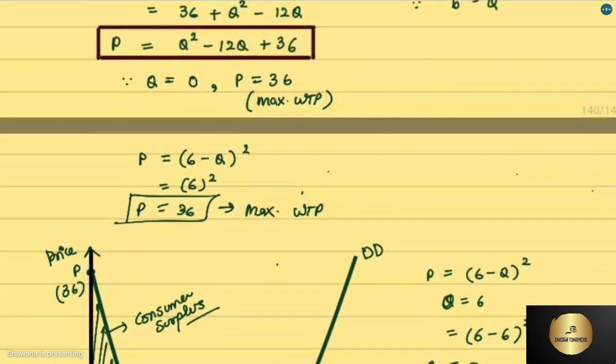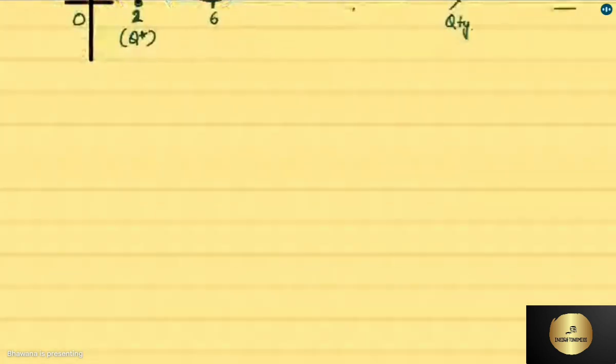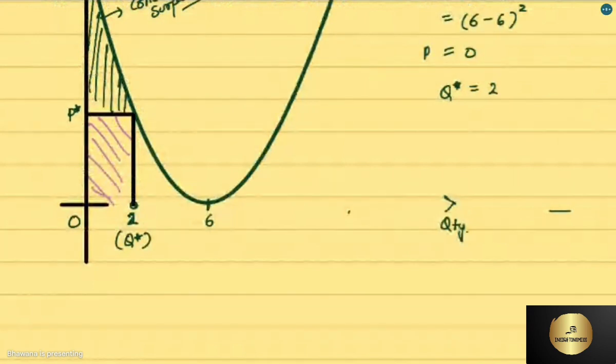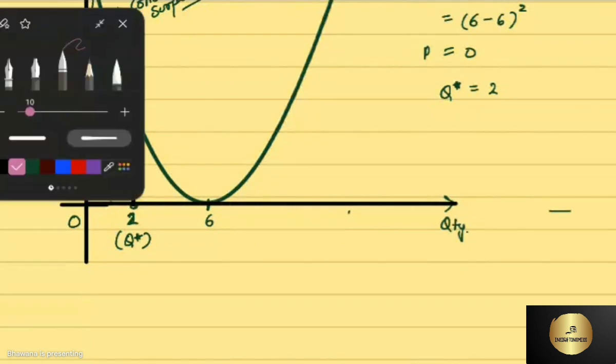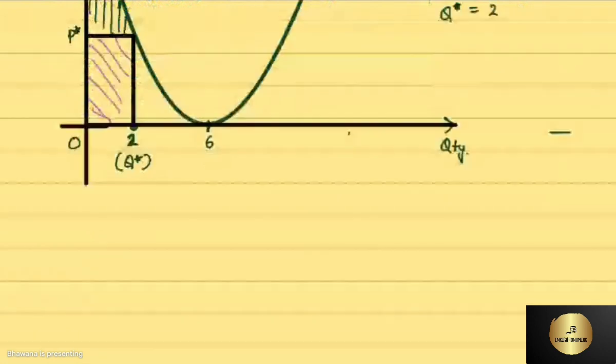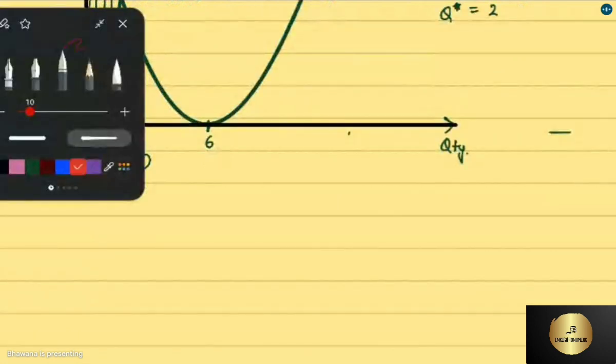First we have to find our p star. For that, once we replace this q star into our function, we will get our p star. Okay, so your function p is equals to 6 minus q square, and your q star is given as 2.